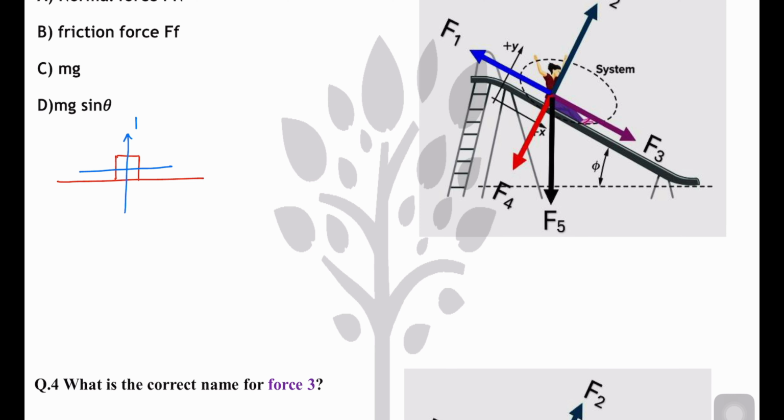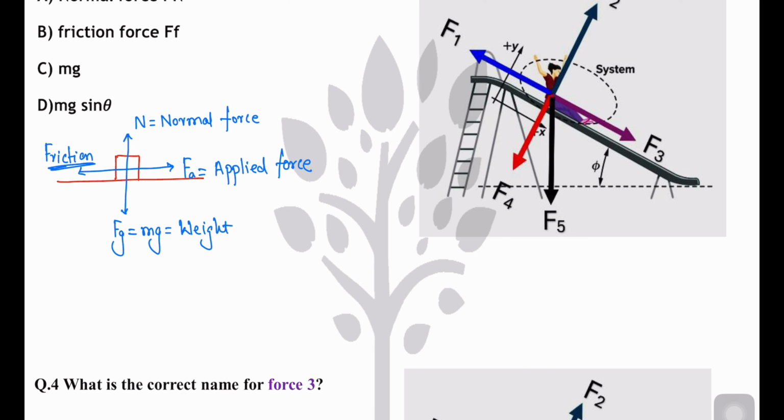This is called N, the upward normal force. Downward is Fg, which equals mg, which equals weight. This is called Fa, the applied force. Here is your friction.